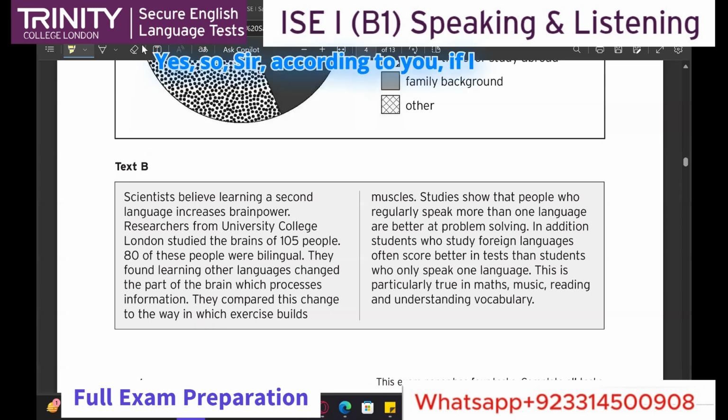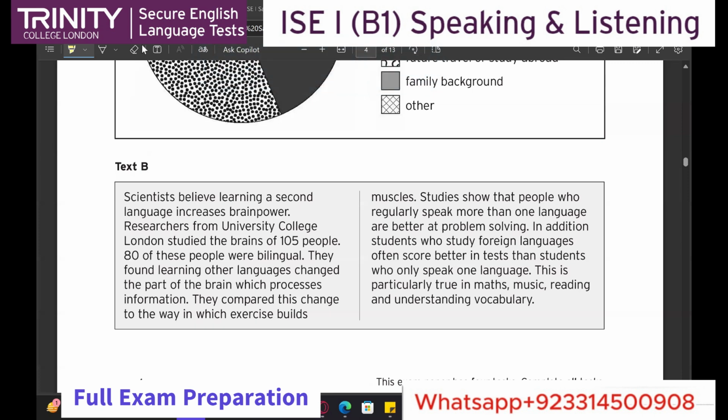Okay, so sir, according to you, if I would ask you what benefits do students get from learning a foreign language, then what would you tell me? It's increase brain power, like exercise builds muscle, studies. That's nice. Okay.